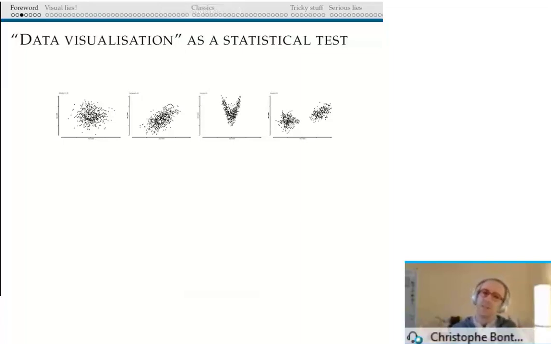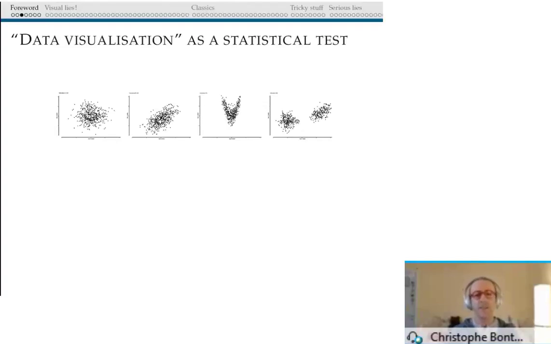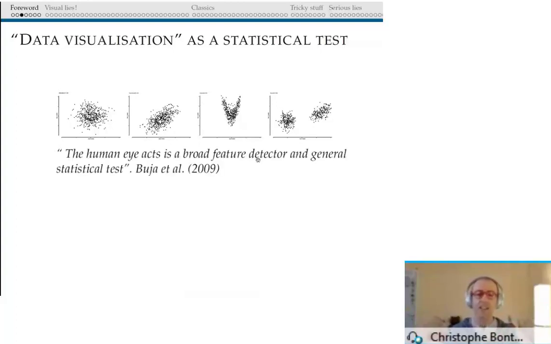And in fact, I present to you this sort of exercise to make you realize what you just did by looking at the graphic. What you just did by looking at the graphic is a sort of statistical test. I won't do many statistics and I won't go into theory right now, but what you just did, you were testing and using your eyes as a feature detector and as a general statistical test.